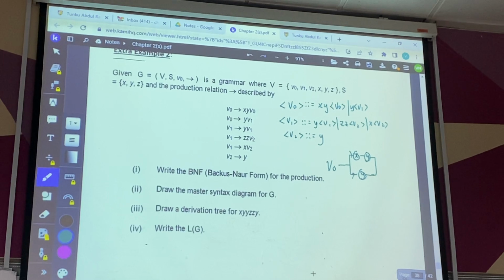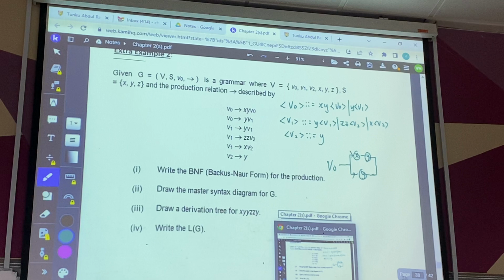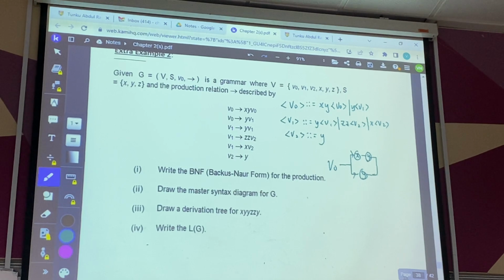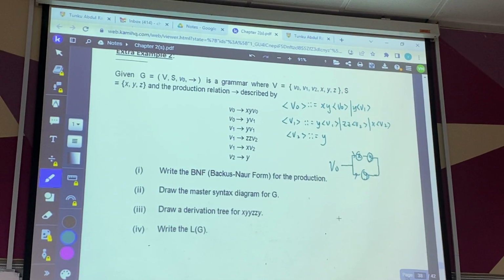So you need to see the non-terminal after the XY also. Not only see the alternative. If both of these bring you to V1, then no problem. You can draw like this, XY or Y. But now, this one, the non-terminal, is going back to V0.